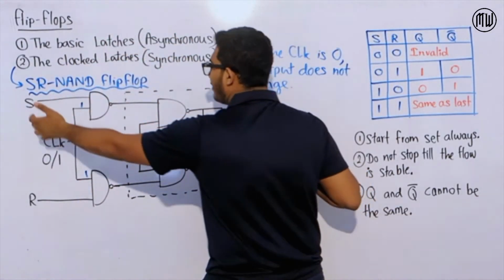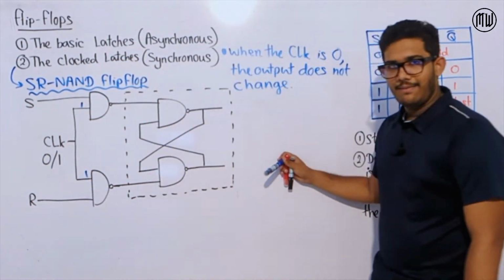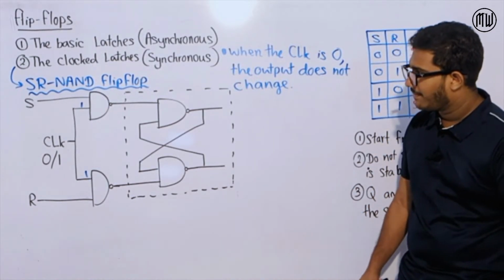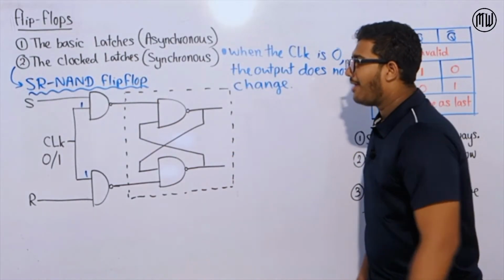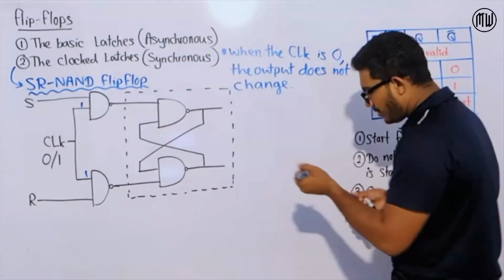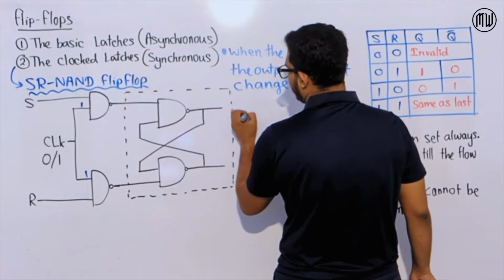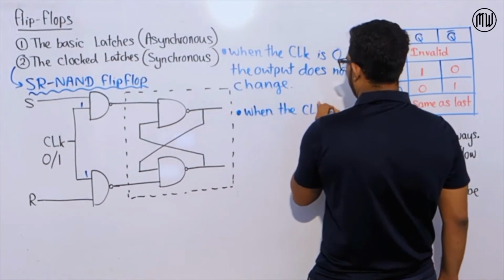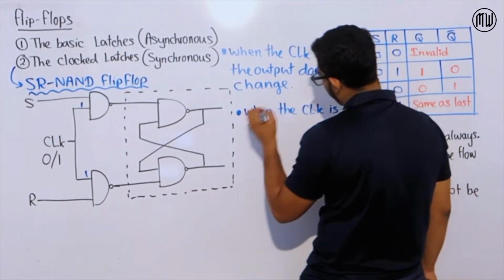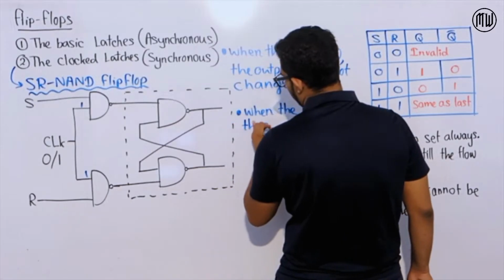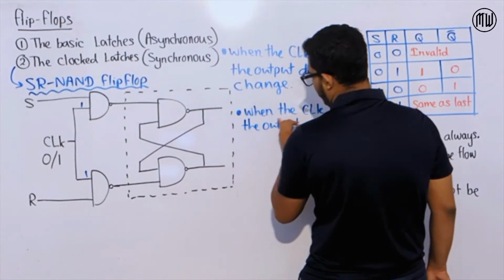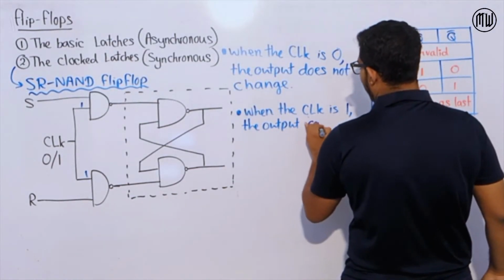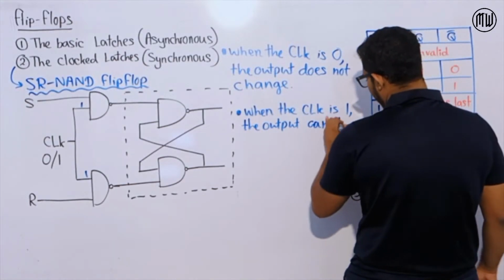So they'll obviously have to take S and R as well, and with that, our entire logic circuit or flip-flop works. But when the clock is 1, the output can be changed. I'm not saying that it will be changed fully. It can be changed.